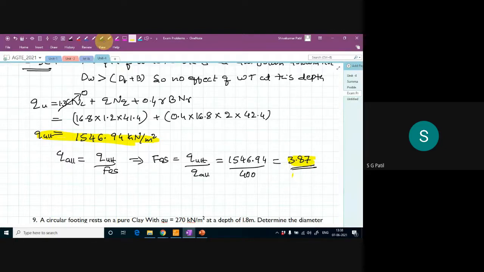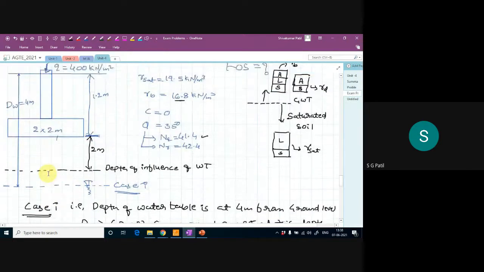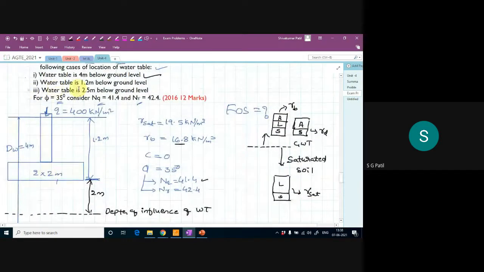Now coming to case 2. What is case 2 here? The water table is at 1.2 meter below the ground level. So let us draw. This is 1.2. So 1.2 meter means exactly here.